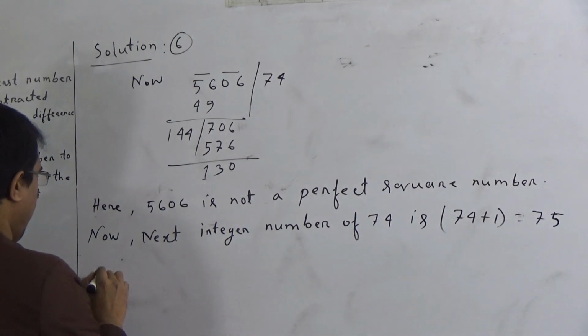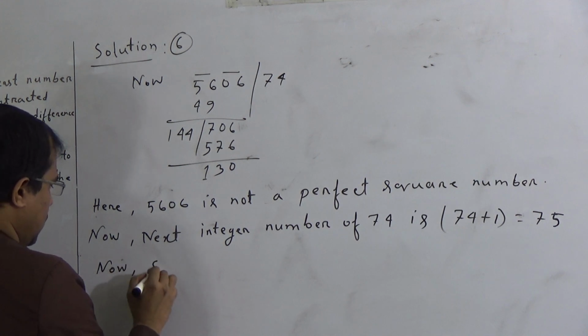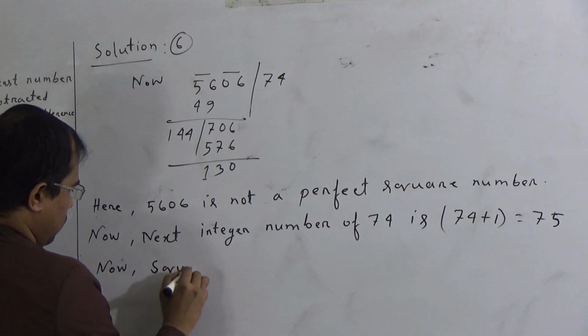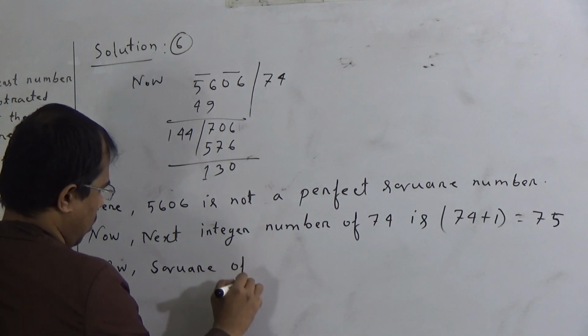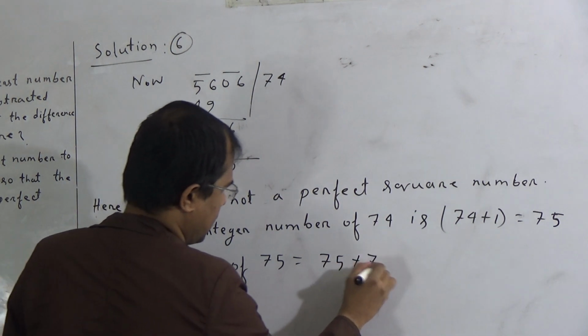Now square of 75 equal to 75 multiplied by 75.